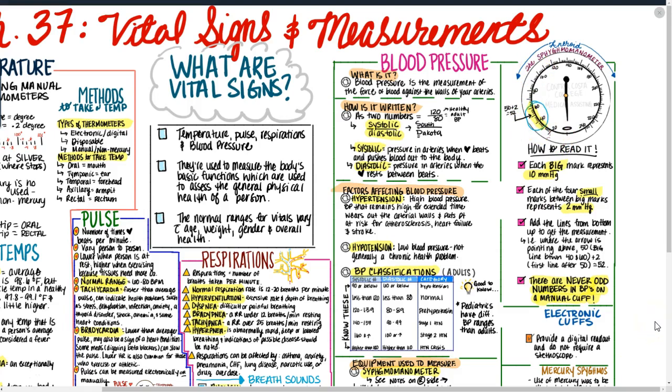For example, where the arrow is pointing, the big line between the 40 and the 60 is 50, and it's right at the first line above the 50, so 50 plus 2 is 52.